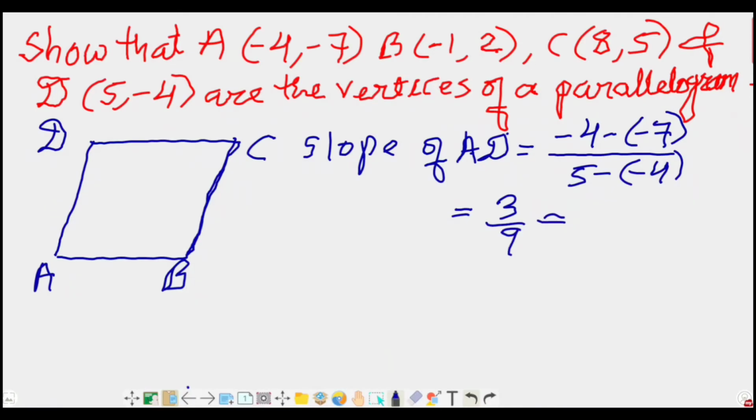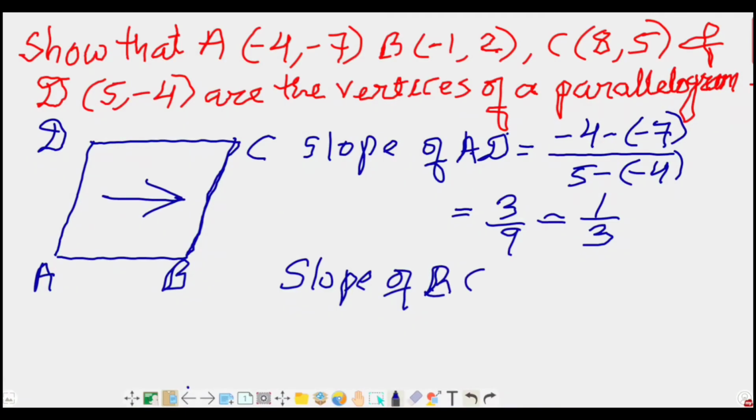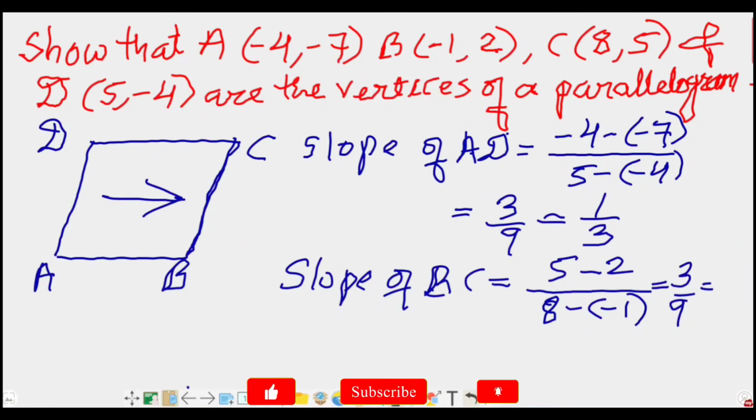So the slope of AD is 1 by 3. Same way, now find out the slope of its opposite side, that is BC. So for the slope of BC, consider the coordinates of points B and C. So it will be 5 minus 2 upon 8 minus 1. Again this is 3 by 9. Slope is the same, 1 by 3 on reduction.